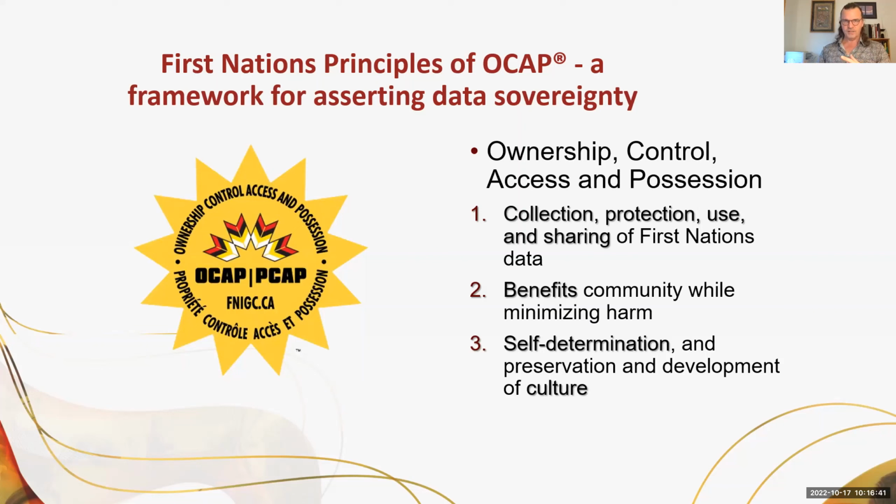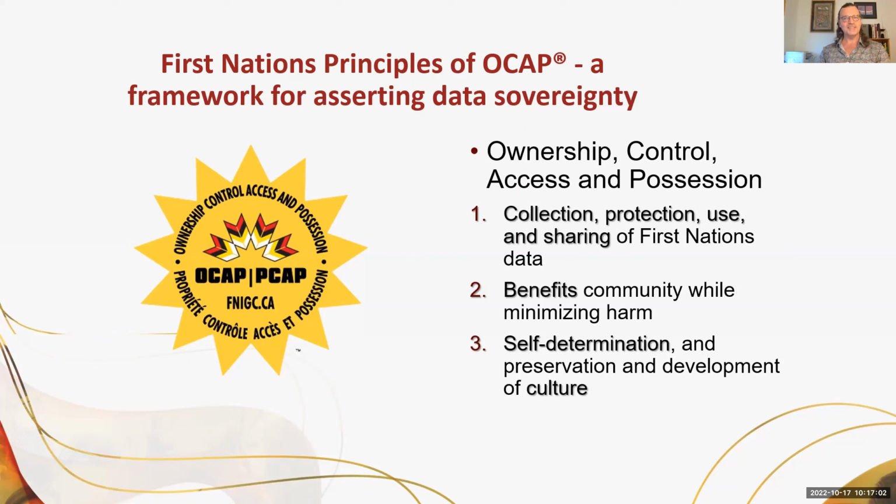On the first level, I think OCAP in some ways is similar to an ethical framework. It establishes a minimum set of standards on the collection, protection, use, and sharing of First Nations data. But there's another element here. There's embedded in the principles a sense that, yes, this is good, but we're not just doing it for its own sake.